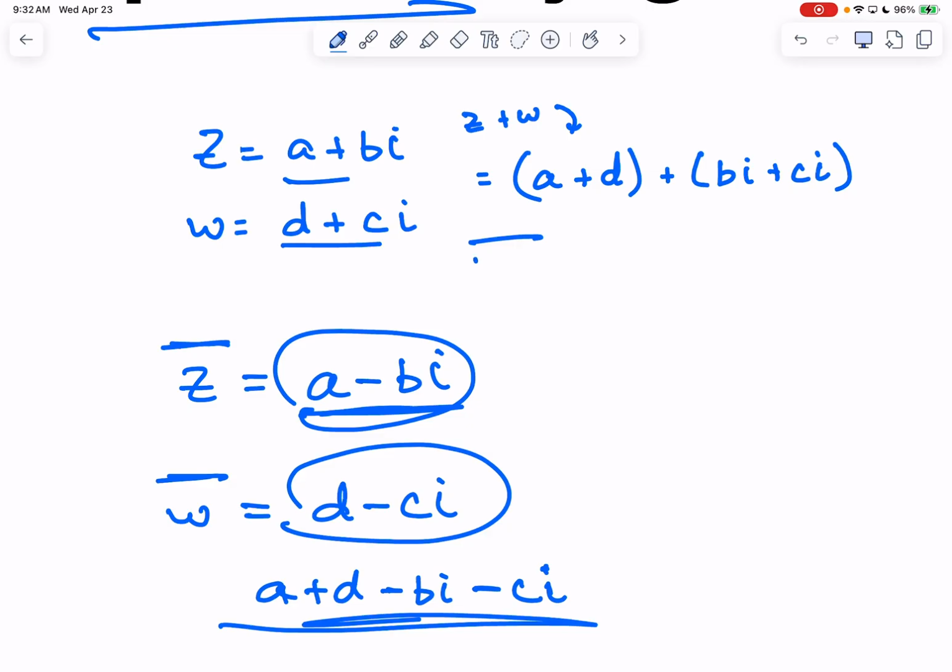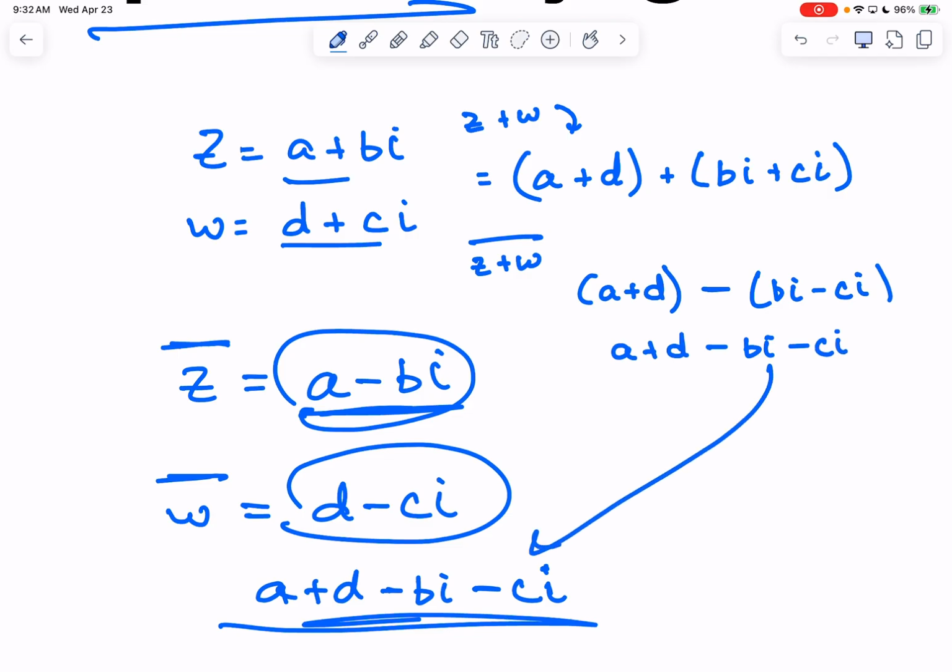What would be the conjugate of z plus w? a plus d minus bi minus ci, distributing the negative. Did I give you the same thing? So does it matter if you do the conjugates first and then add them, or add them first and then do the conjugate? It doesn't matter.